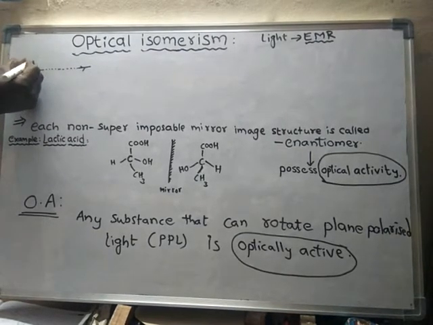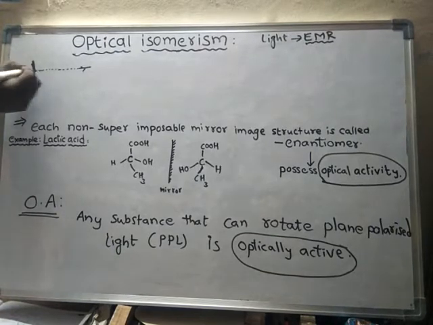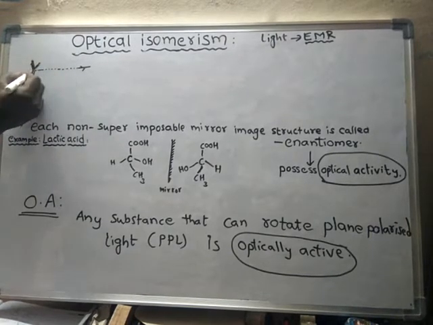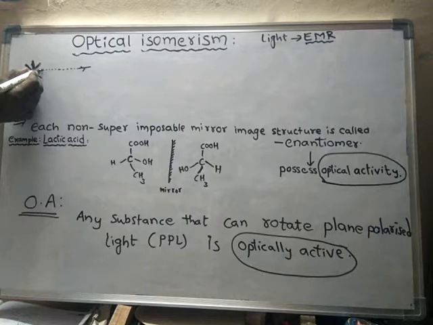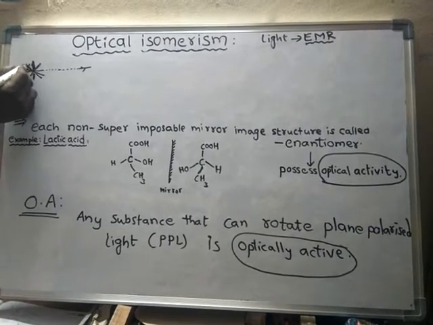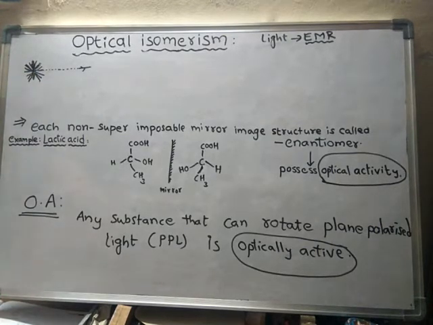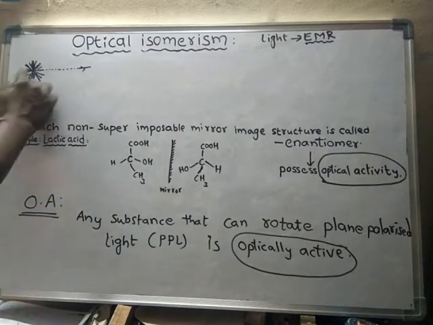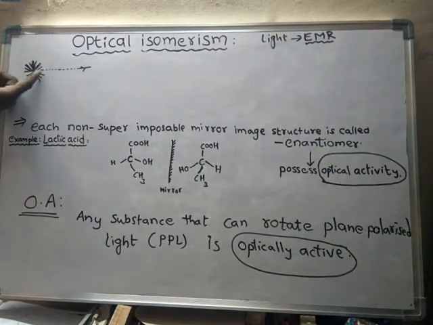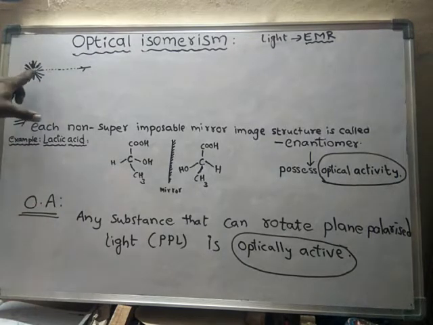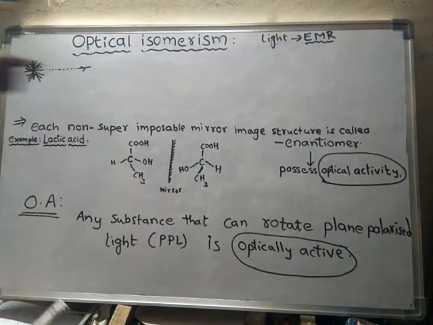This electric field vector will vibrate like this, or it may vibrate like this, or like this, or like this. So it keeps on vibrating in any plane, in this plane, or this plane, or this plane. While traveling, or while propagating, it keeps on vibrating to and fro, up and down, front and back.